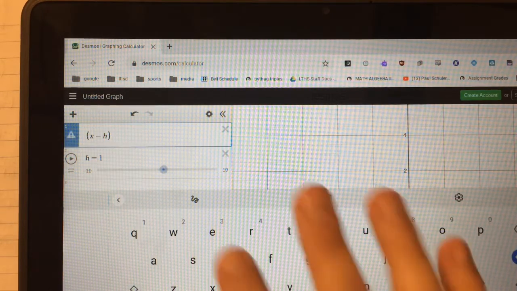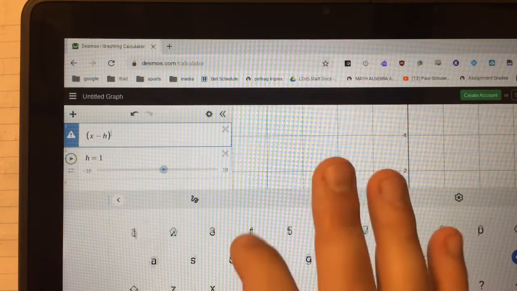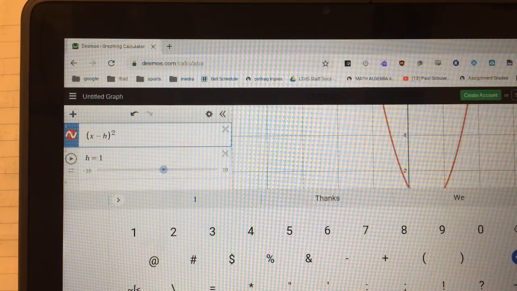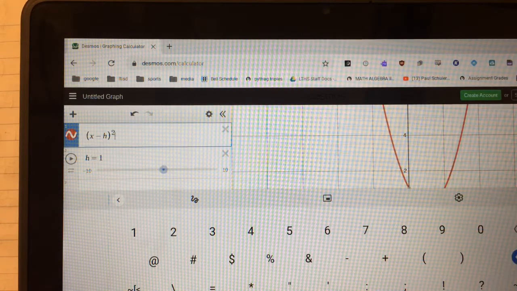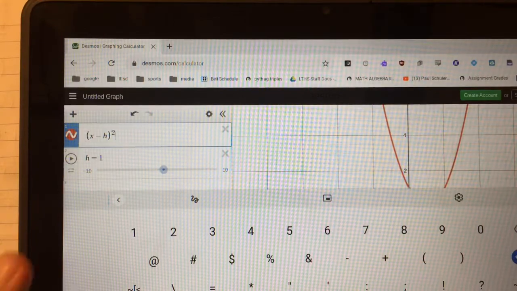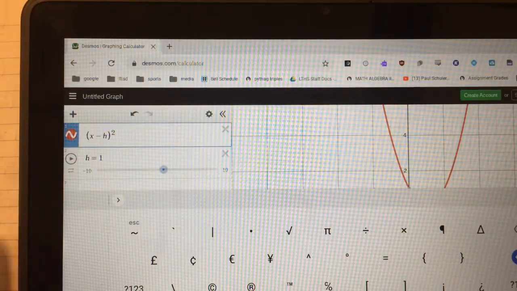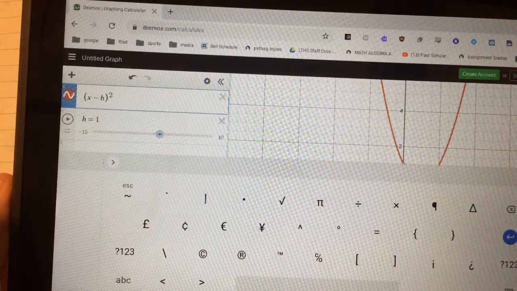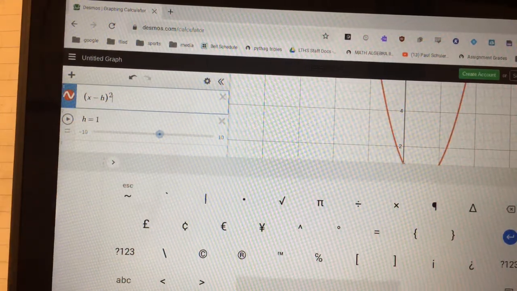There we go. So squared. There's a little up arrow, like a little caret. If you click on the little symbol, you come up with all these choices. Or if you're using a keyboard, you can just type it.